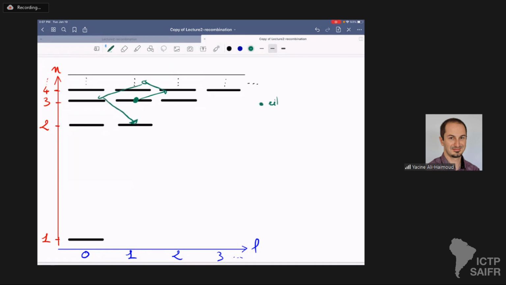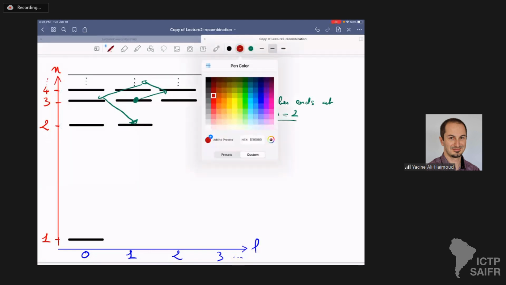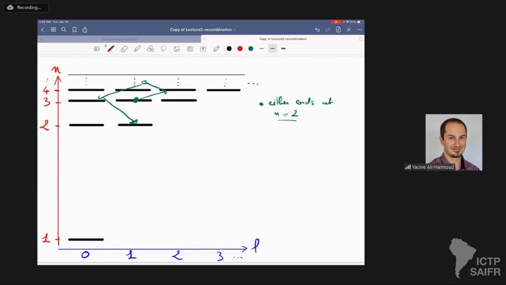So either it will end eventually after some transitions at n equal 2, or it will first get excited, again respecting the selection rules, to some other state, and then eventually it might get photoionized.